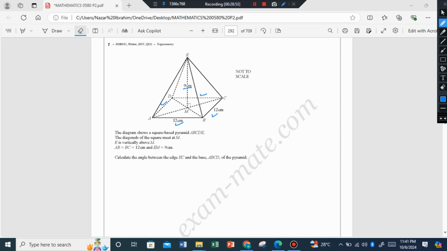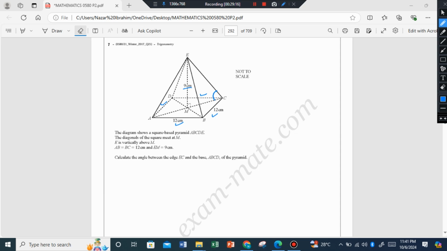Calculate the angle between the edge EC, this is the edge EC, and the base of the pyramid. The base is ABCD. So we can see the straight line drawn from C to M, already given in the question. We want to find out this angle.